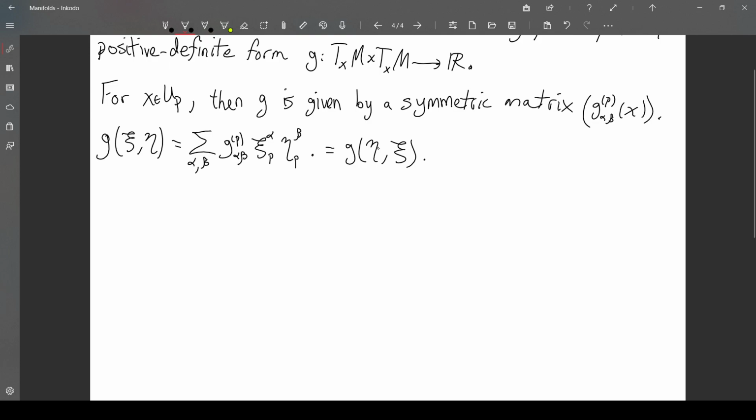Now, again, we can look at what happens on the intersection of two charts. This product should not depend on what charts we're using.